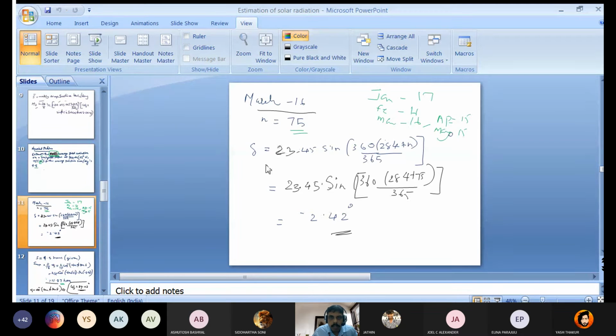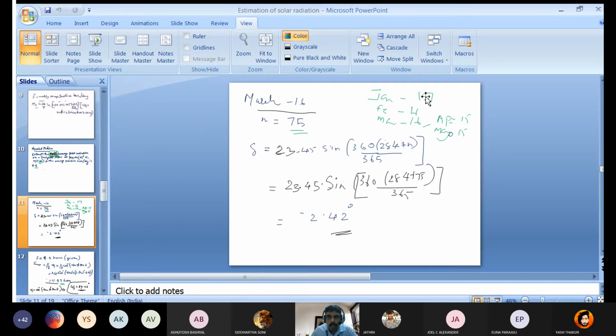For each month there is a specified day for getting the monthly average. For March, March 16 is given in your data book. People have defined for each month which day we will consider, because we have to put the n value in the equation. n means the number of the day in the year. So for March, March 16 is taken, so n is equal to 75.